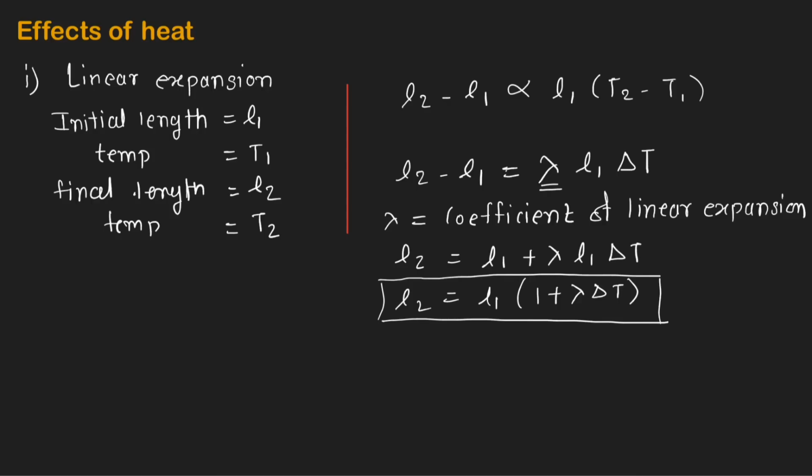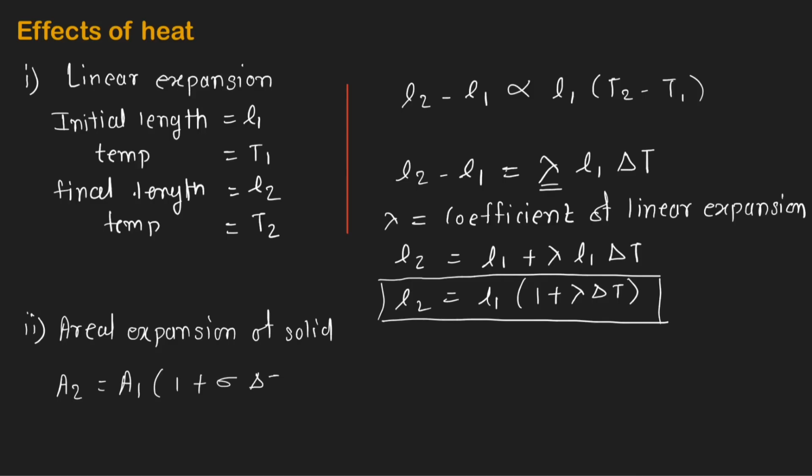Similarly, we can find the equation for areal expansion of a solid. Here I am writing the equation: A2 is equal to A1 into bracket 1 plus, here I am not writing lambda, I am writing sigma, delta T. Sigma is the coefficient of areal expansion.